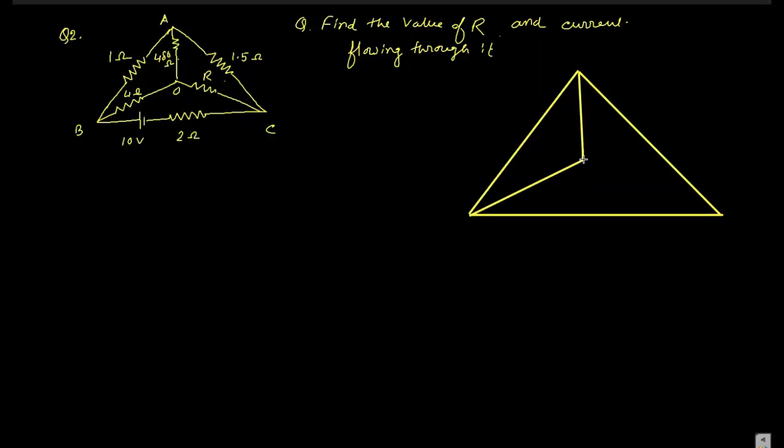So apply some path over the circuit. This is the format of the circuit. If you consider, here some resistances are there, here some resistances are there.